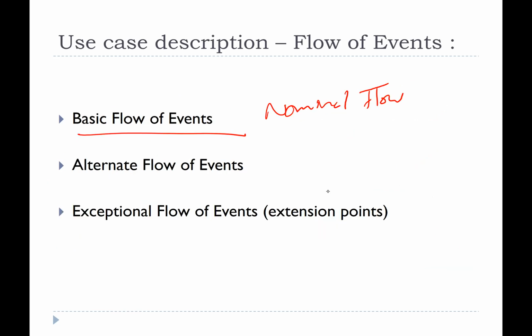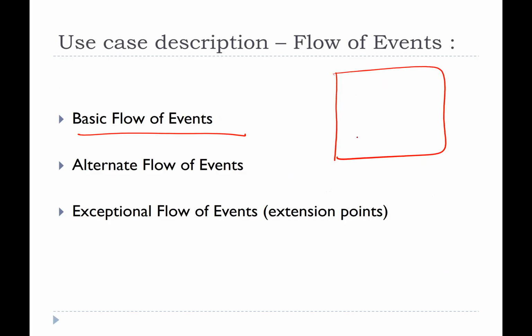Now, the way we write our document is as such. We have a basic flow, and then we go 1, 2, 3, 4, 5, and so on. And then we have alternative flows, which are deviations from the basic flow. Say, at step number 3, if some condition happens, then do 5, 6, 7, and then I have to say where exactly to return.